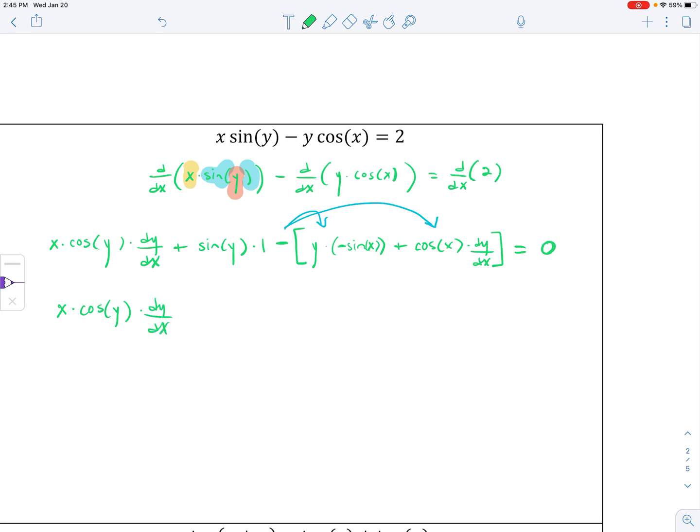So we'll have x times cosine of y times dy over dx, and then that will be plus sine of y plus y times sine of x minus cosine of x times dy over dx equals 0.